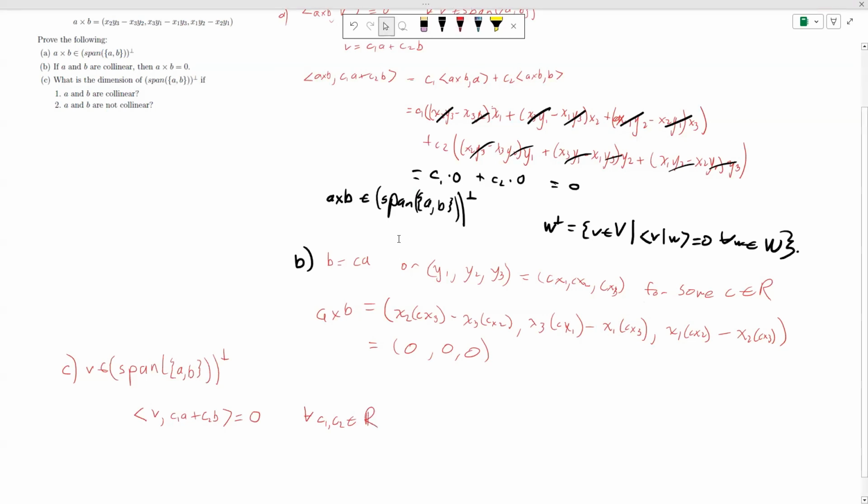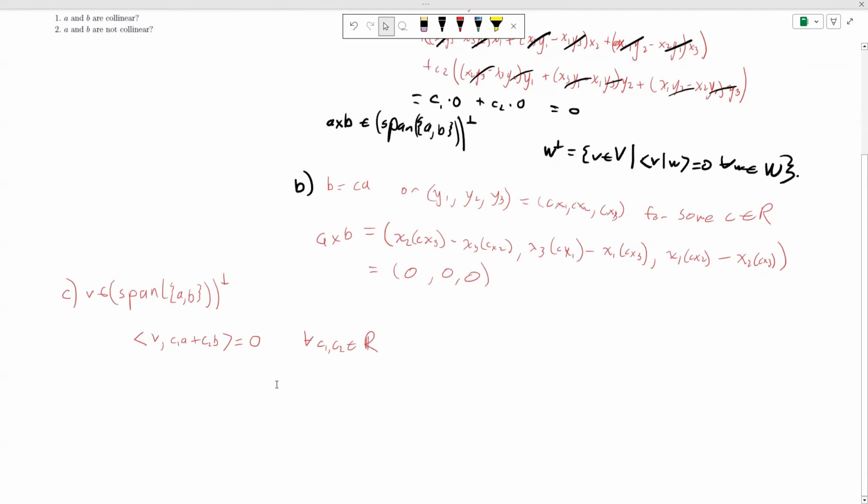Now, the challenge with this is we wanted to somehow get to a dimensionality argument from this information. And there's a little trick here that was challenging for some, that this is equal to C1 VA plus C2 VB equaling 0.